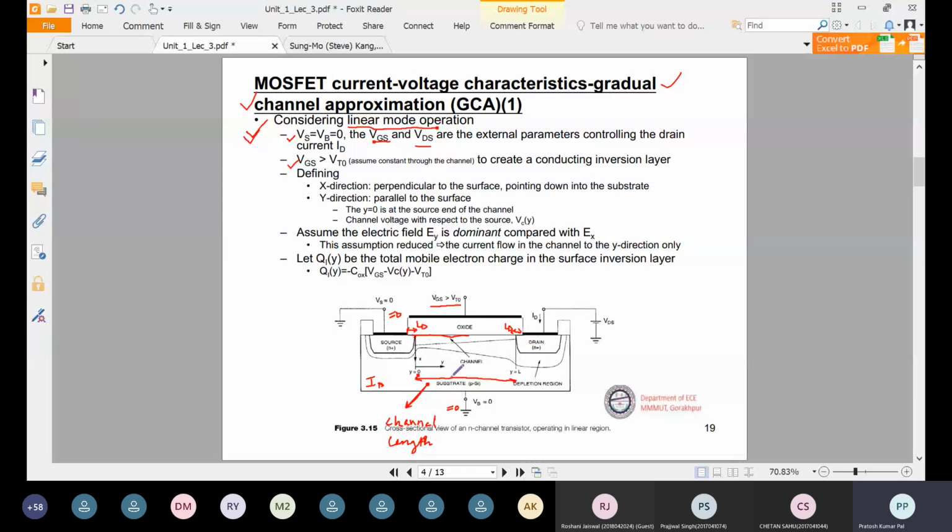So the effective length we would consider is L minus 2LD, which is L dash, but for general analysis we will consider L as the channel length. This will be considered the channel length for most of the analysis, even in the lab part, but total L will be between these two distances.